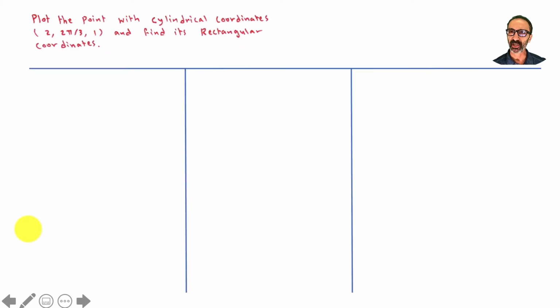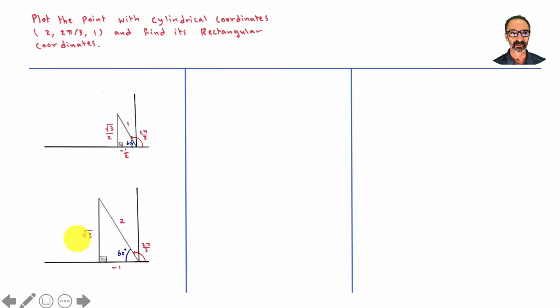Here are two practical examples about cylindrical coordinates, graphing at least one of them. Plot the point with cylindrical coordinates 2, 2 pi over 3, and 1. First, before I move on, since we have 2 pi over 3, that leaves us with a reference angle of 60 degrees in the second quadrant, that's right there.